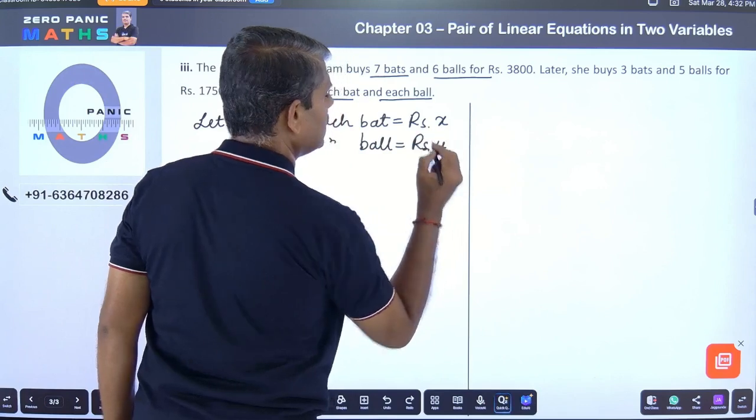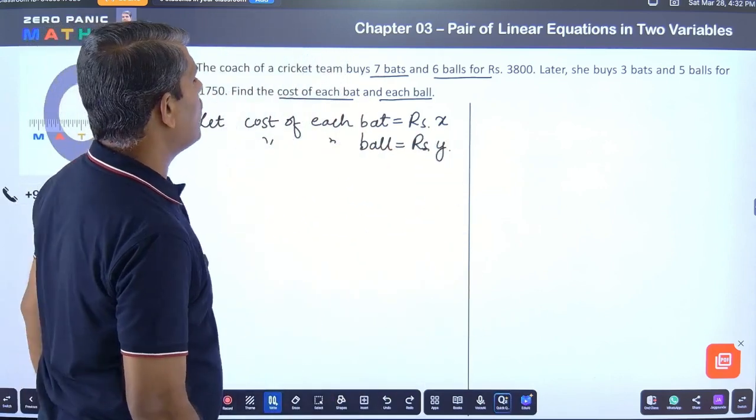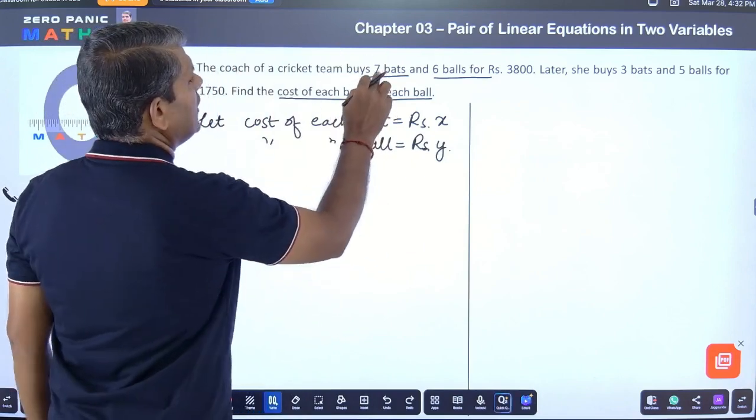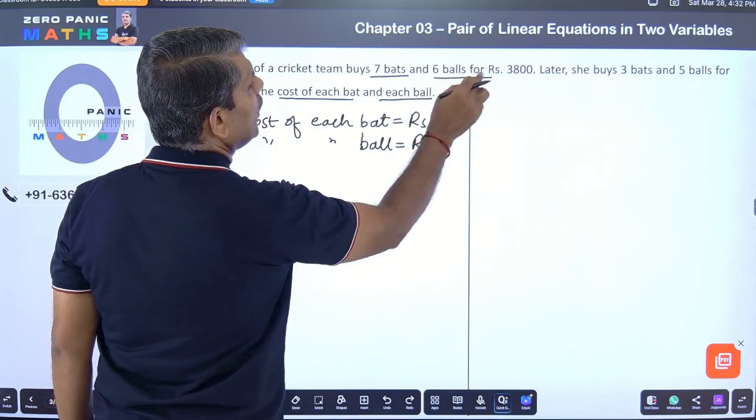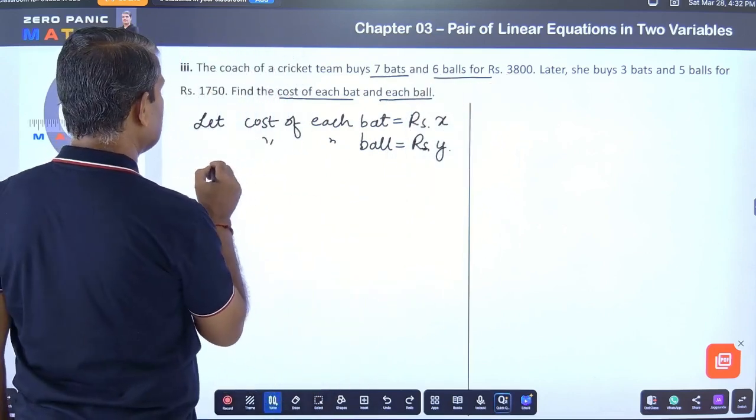So x and y represent the cost of bat and ball. Now let us read: 7 bats and 6 balls, 3800.